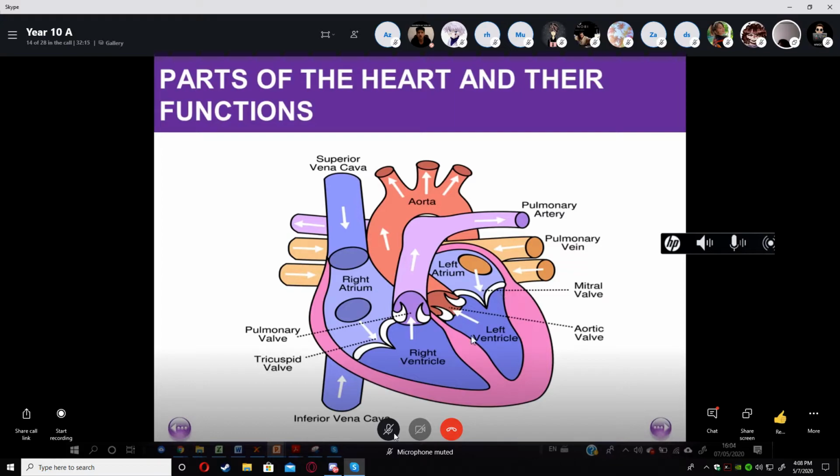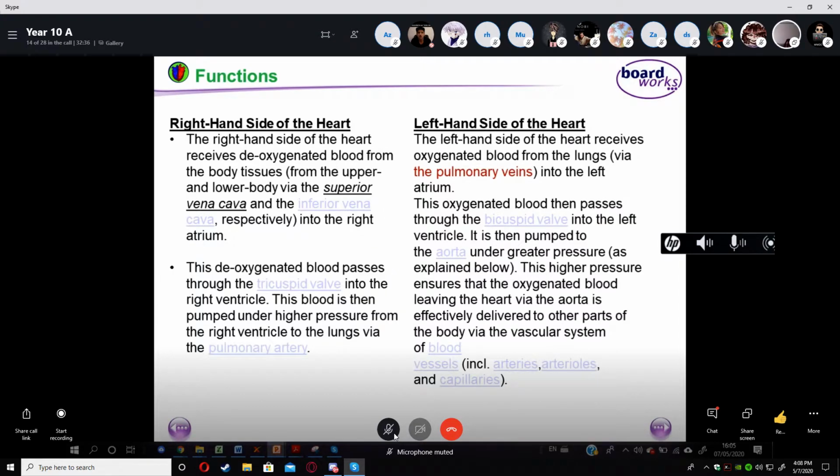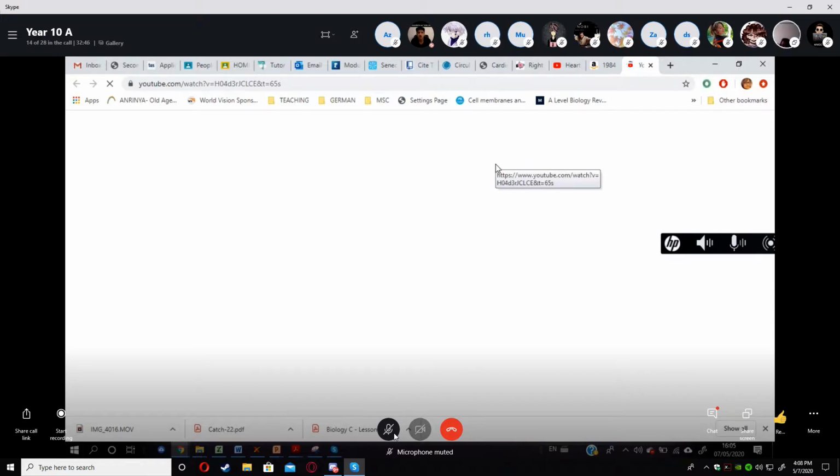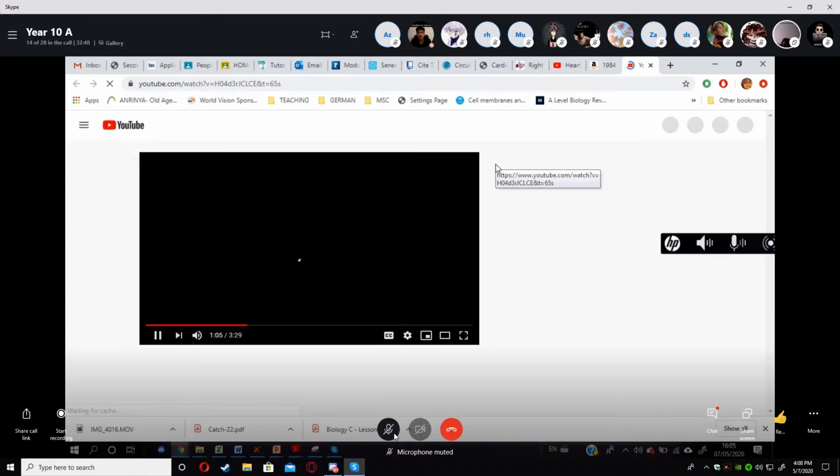When this left ventricle contracts, it creates a pressure which pushes the blood into the aorta through the aortic valve, and then it gives to the rest of the body. The same thing happens in the right part of the heart. I just wanted you to see how the bicuspid and the tricuspid valve function.